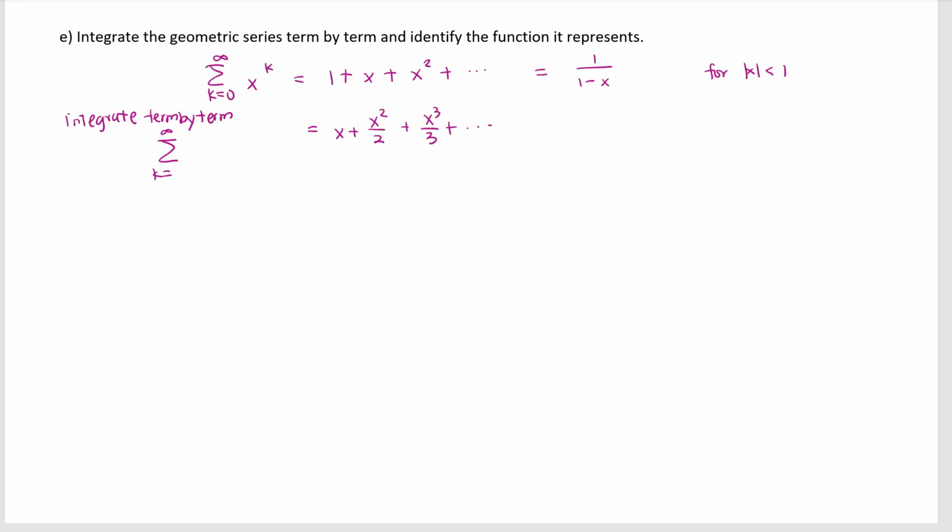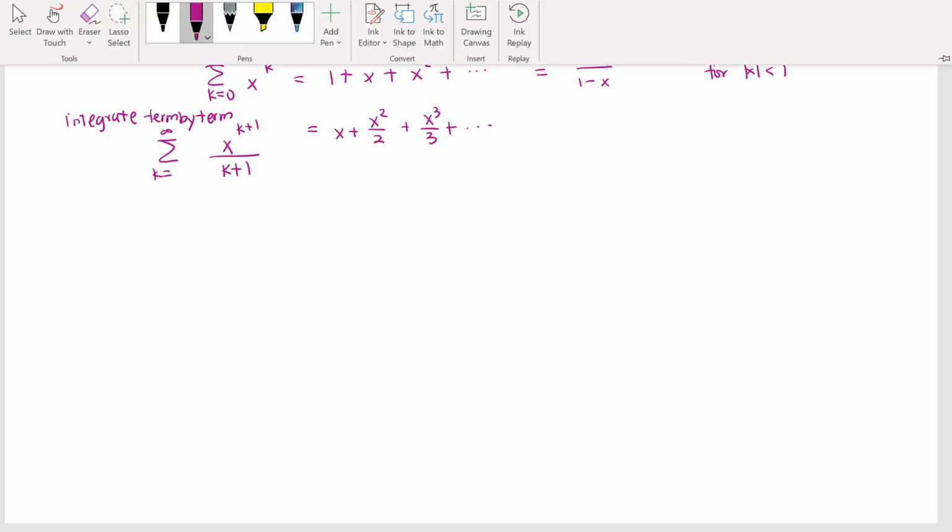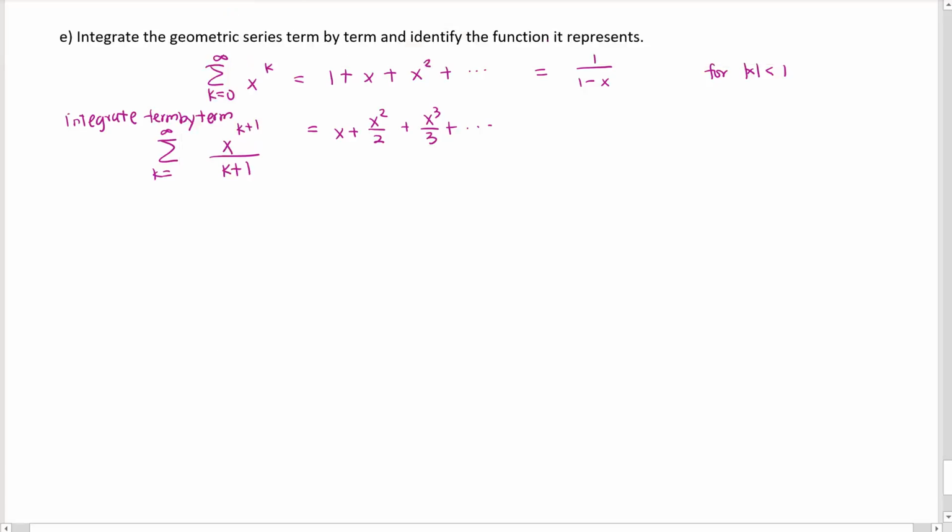But when we integrate x to the k, we add 1 to the exponent and divide by the new exponent. Now to figure out the index, look at the first term of the power series and compare with this formula. It corresponds to k equals 0, because x to the 1 is like k is 0, right?